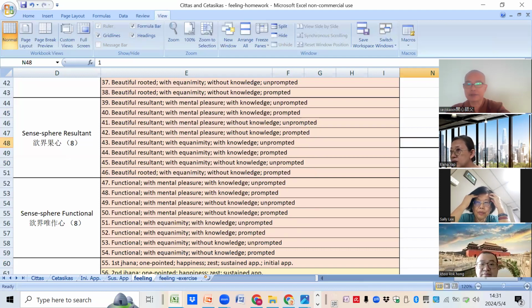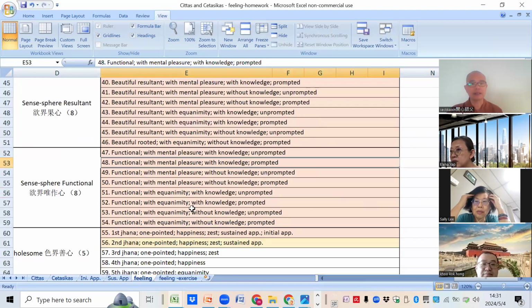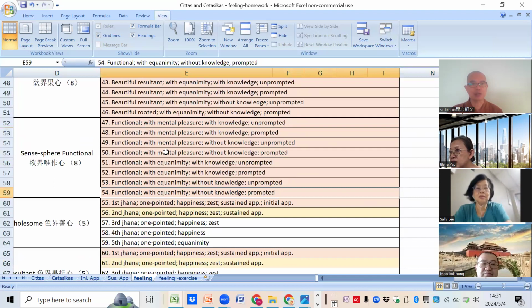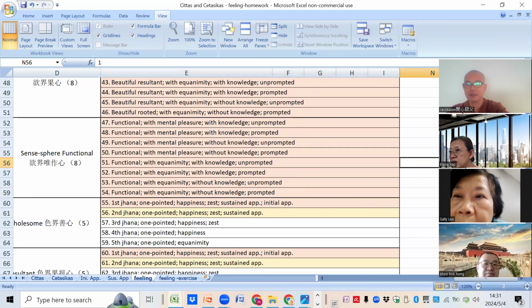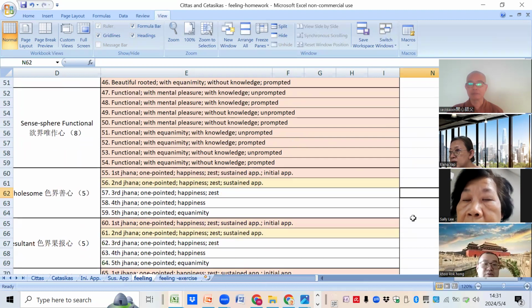So we get it. Then I think it's the same. Once we come here, it starts from 51 onwards: 51, 52, 53, 54.